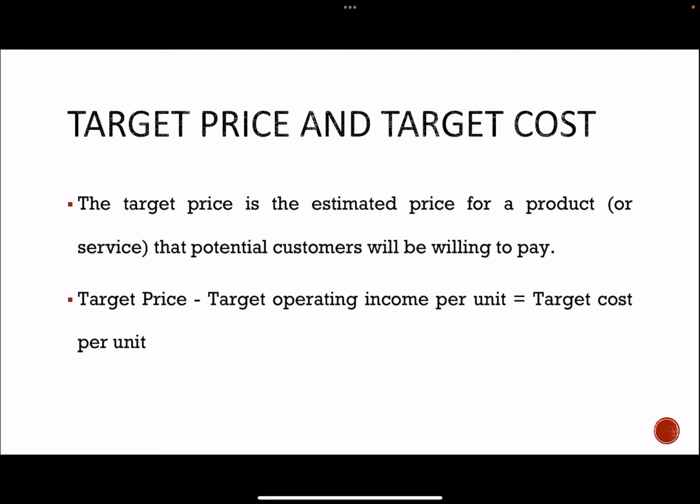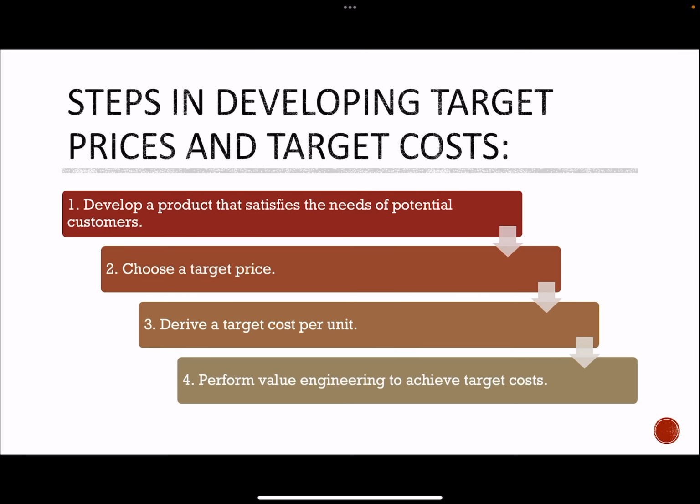So you start with a target estimated price according to the market, deduct from this price a target operating income, then you're going to reach a target cost per unit. We have certain steps in developing target prices and target cost. First, develop a product that satisfies the needs of the potential customers.